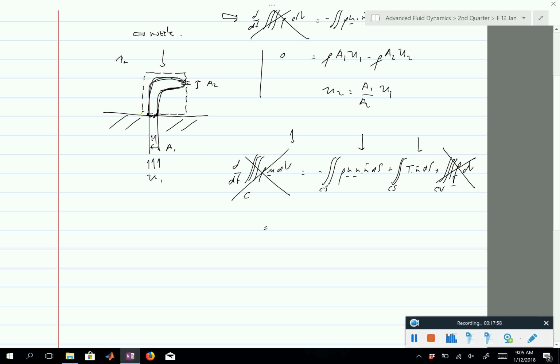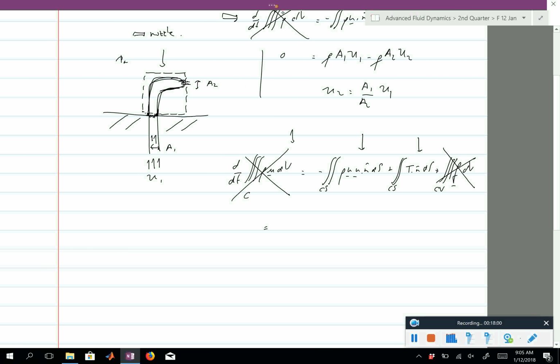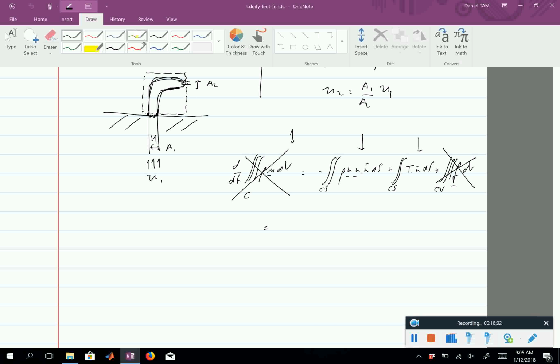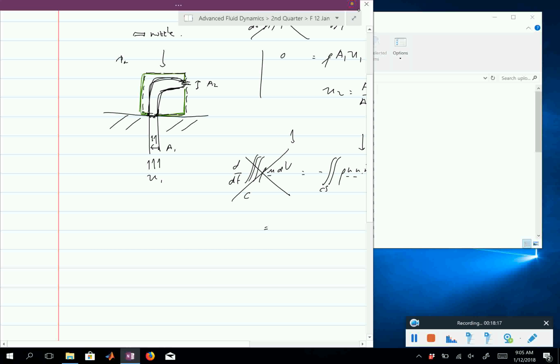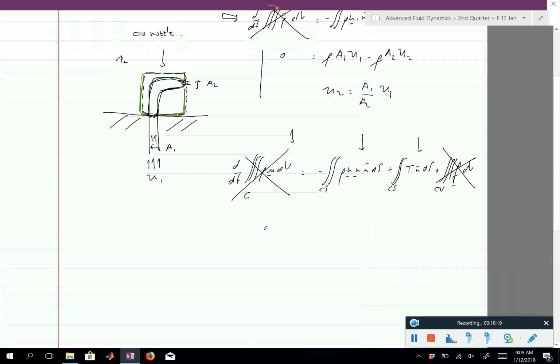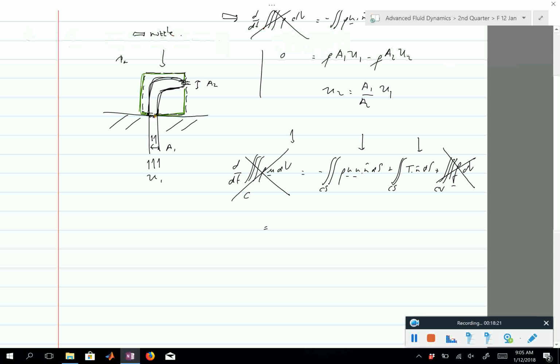But at least on the outside part of my control volume, let me split this control surface into different parts. So my integral is going to include all of that, and also all of this. When you integrate around the entire control surface, you have to integrate around the entire control surface.